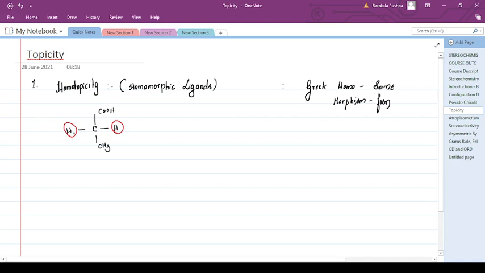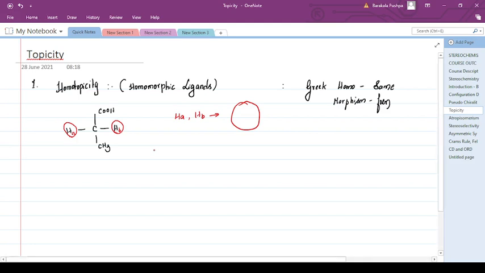For our easy sake, we will name the hydrogens HA and HB. They are identical ligands. So when a carbon is attached to two identical ligands, they are called homomorphic ligands. The relationship between the two hydrogen atoms, HA and HB, with respect to the entire molecule is called a topic relationship, or topicity.